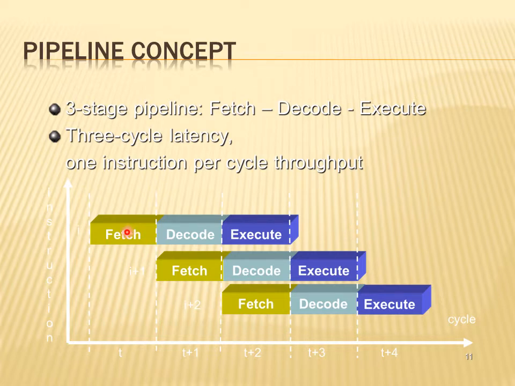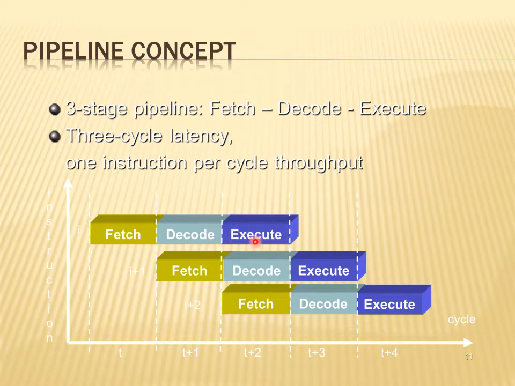The steps are like this. First is the fetching, or reading, of the instruction from a memory location. Then in the next stage, the decoding of the instruction is carried out, and in the third stage, the instruction is executed.